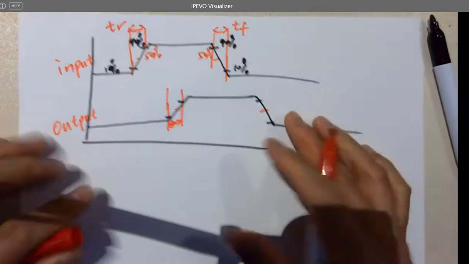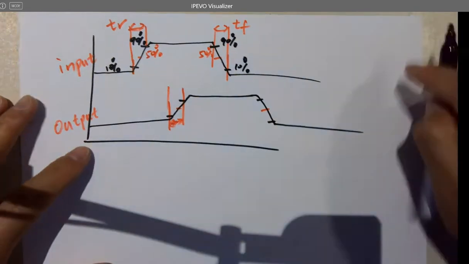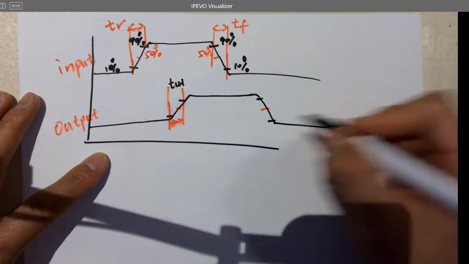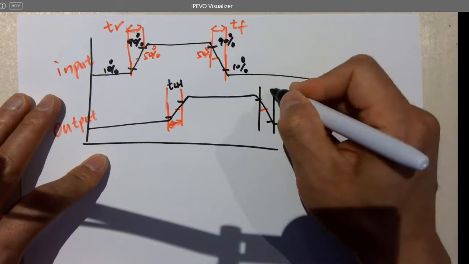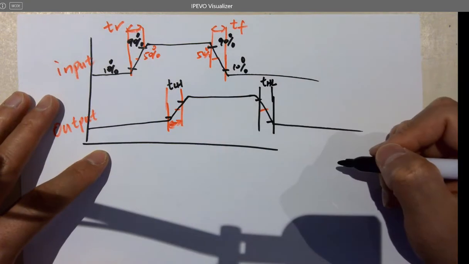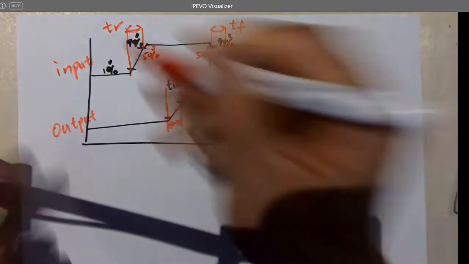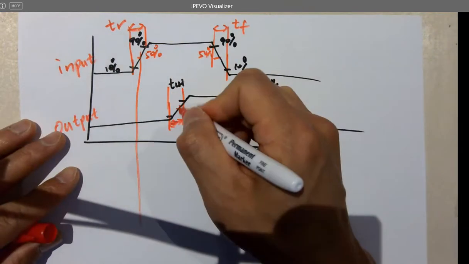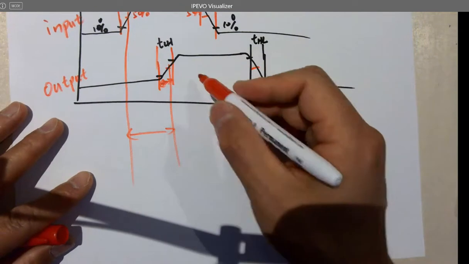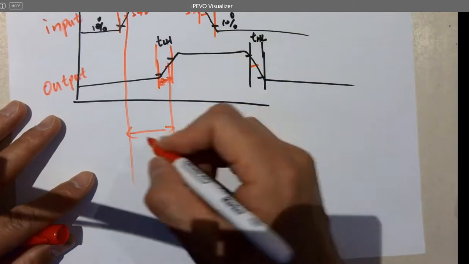Okay, keep in mind it's different. This is TLH, low to high, and this is high to low. And 50% to 50% from the input to output is called propagation delay.